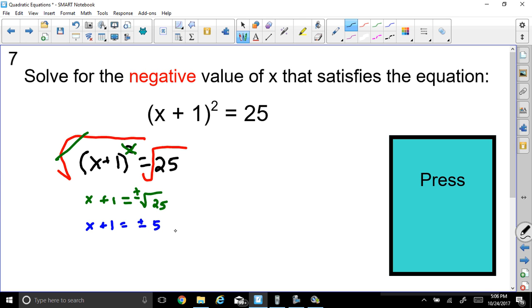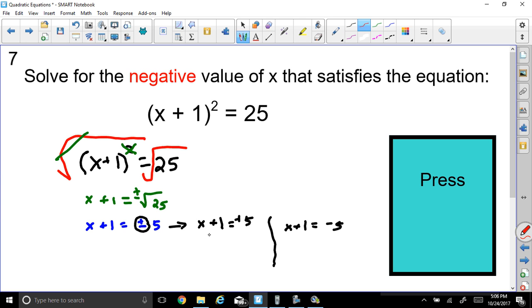So I'm going to split this into two problems. x plus 1 equals positive 5, and x plus 1 equals negative 5. Why did I split it? Because I have two answers here. One's positive and one's negative.